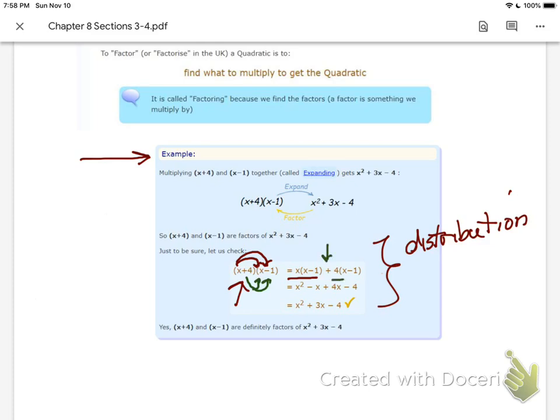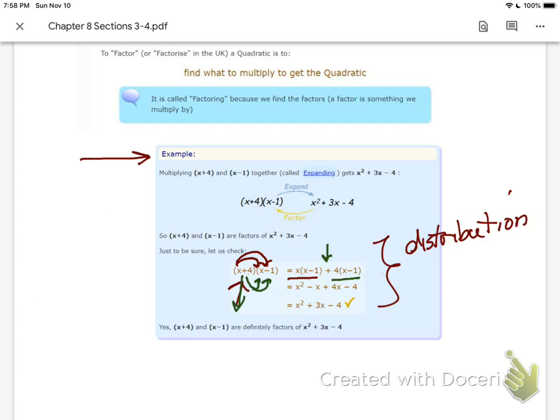Okay, so here's the 4 times the (x minus 1). When they do that, they distribute the x to both terms in the second factor. Then they use the addition from the 4 right here. That's the addition that they're talking about. Then they multiply the 4, which is the second term in the first factor, times the entire second factor.